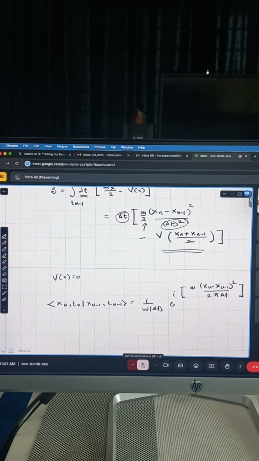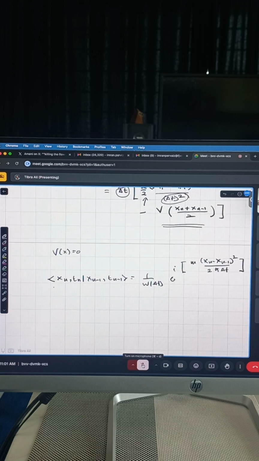Now, if I take the limit of this thing, as Taha asked yesterday, why isn't this a delta function? Well, it's not a delta function because we are in the Heisenberg picture and these are at different t's. But if I take tn going to tn minus 1, so this should be small n, then we basically have the same thing as the Schrodinger picture inner product.